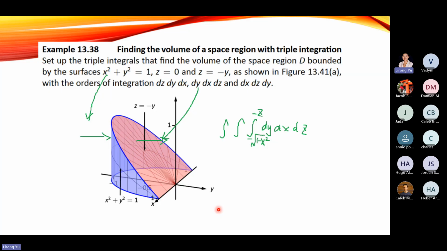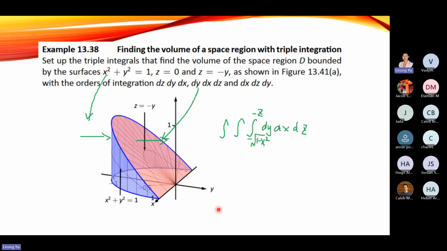Number one, I want to determine the integration limit for dy. We need to know the highest y value and lowest y value. You see the y-axis over here. Parallel to the y-axis, the smallest y value is over on the left, going through the edge, going through the surface x squared plus y squared equal to 1.